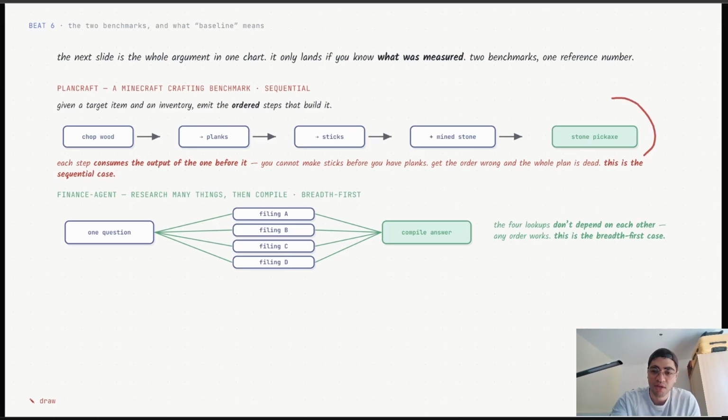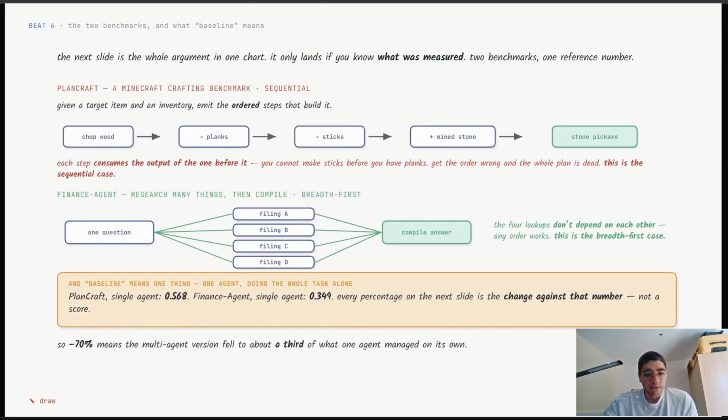Also, a depth first situation has more complex actions than the ones in the breadth first question. And the baseline, so this is for the next slide. The baseline is, we're going to take these 2 benchmarks, and the baseline is what if we take one agent and the single agent is doing the whole task alone.